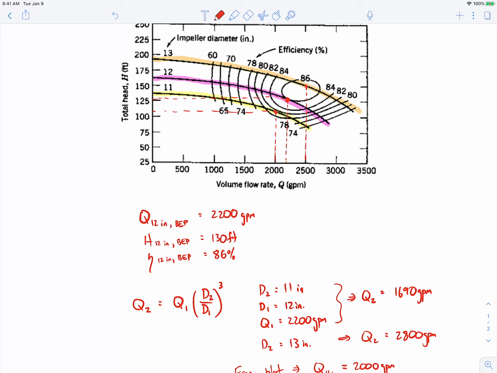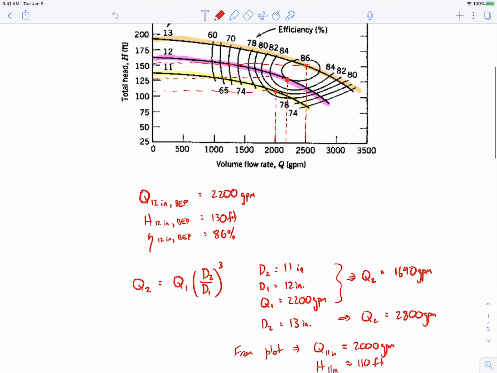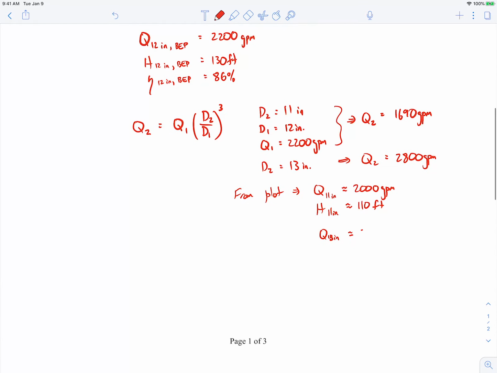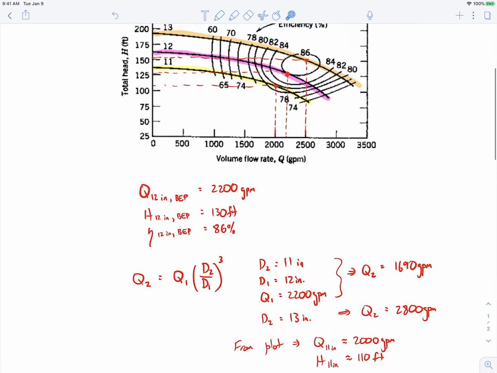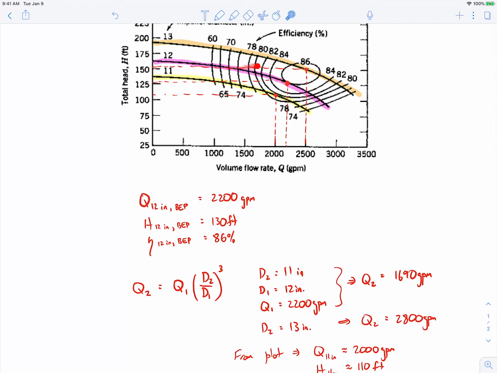And then the head rise, when I draw that one in, it looks like just over 150. So let me write these down. So this was 2,500 gallons per minute. And this one, I got to be about 153 feet. That's just being a little more careful with drawing my line.